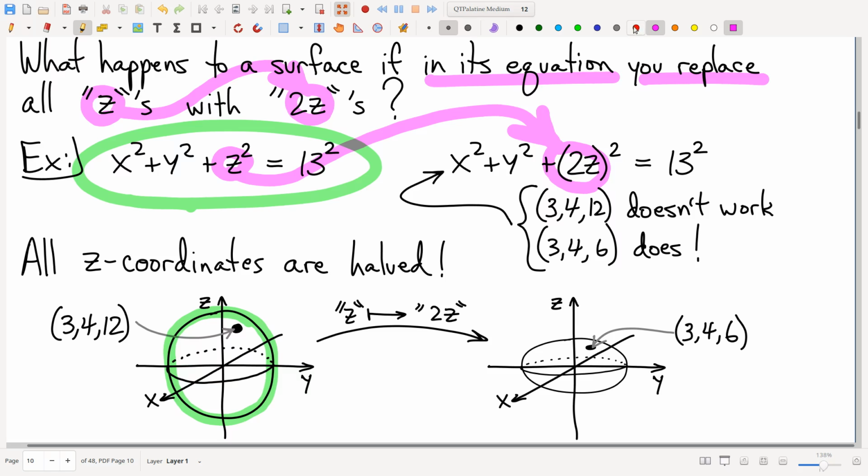Well, I'm just going to play a little arithmetic game. Let's look at this point right here, and notice, I'm just going to say (3, 4, 12), and it's about where I've drawn it there. Notice that it works in the original equation, and it fails in the second equation. Well, of course it fails. The second equation is a different equation.